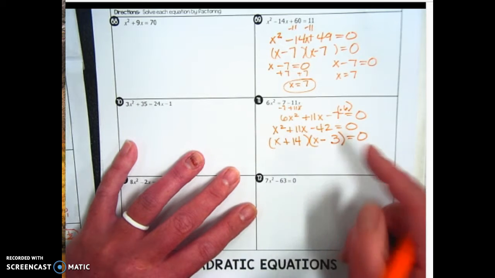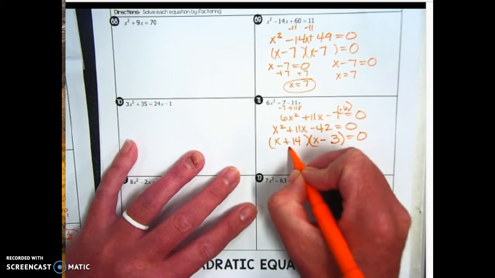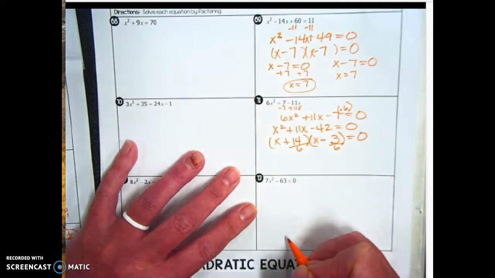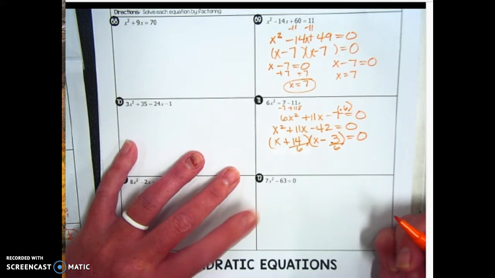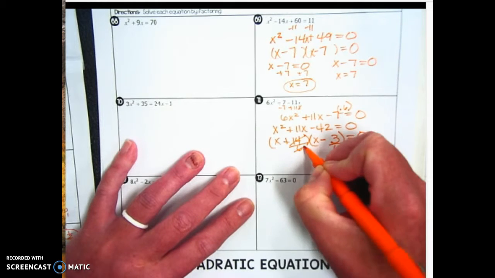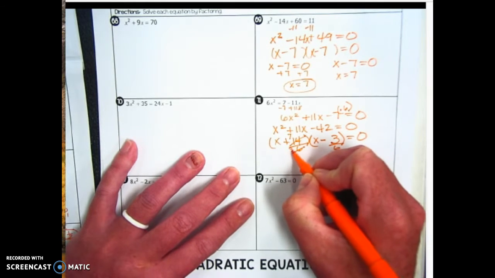Okay? So we just multiplied by 6. We have to unmultiply by 6. So we're going to divide by 6 and divide by 6. And then just see if we can reduce before we do our slide, right? So obviously these are both even, so they divide by 2. This will be 7 and 3.